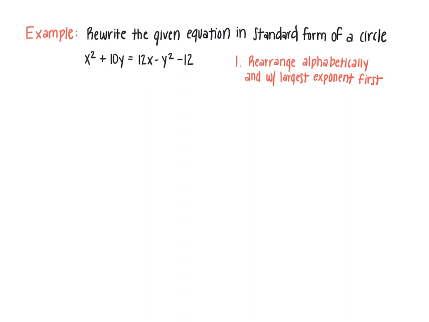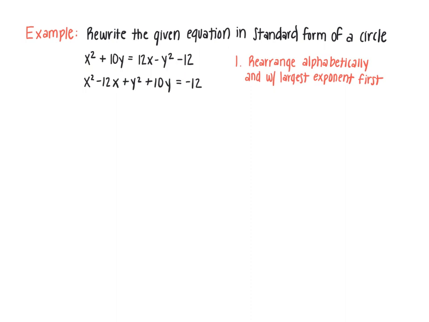So I'm going to write this as x squared minus 12x plus y squared plus 10y, because x comes before y. And then I want to leave any numbers without variables on the right-hand side of the equation. So the negative 12 does not move.